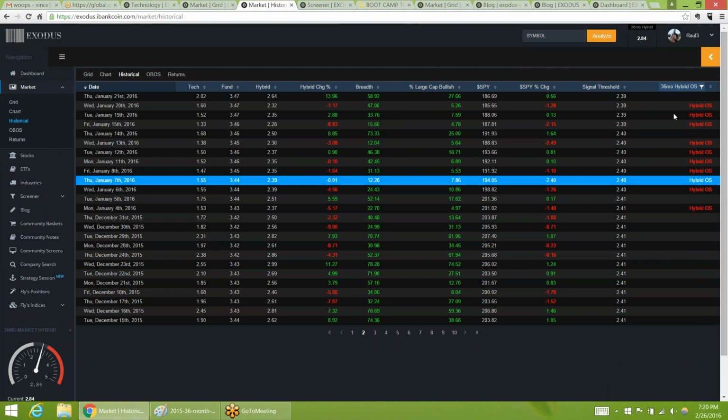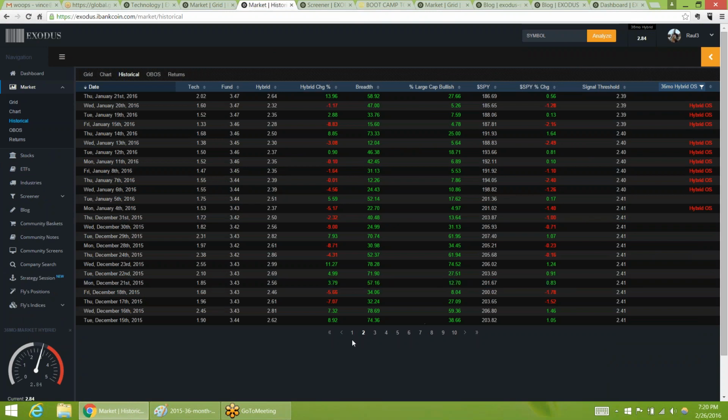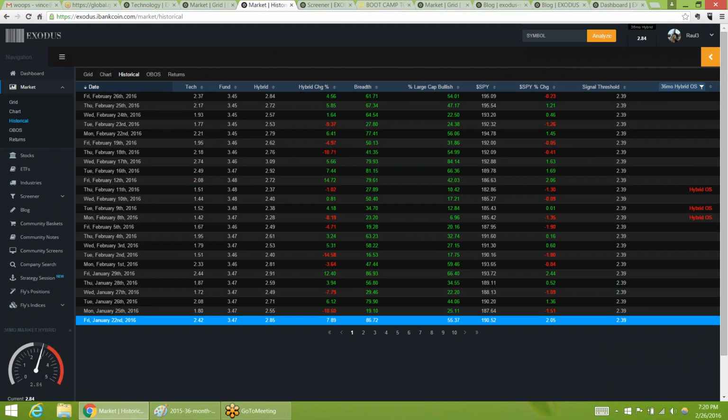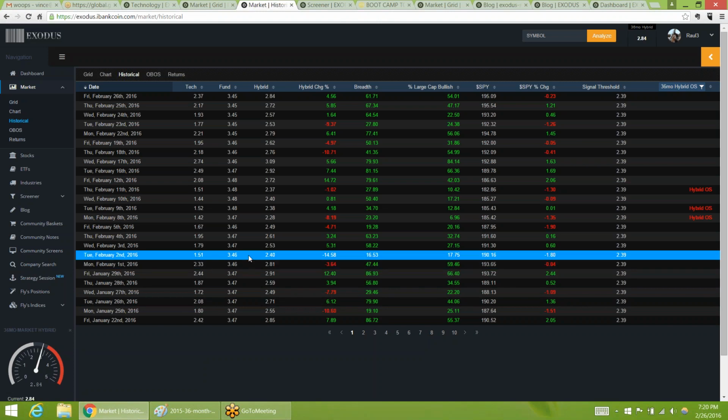So if we look at this 36-month hybrid, it adjusted from 2.41 to 2.39. Now if we go to the next page, which is the most recent action, this is where it gets really interesting. Because if you look at February 2nd here, the hybrid score on that session, on the close, was 2.40.